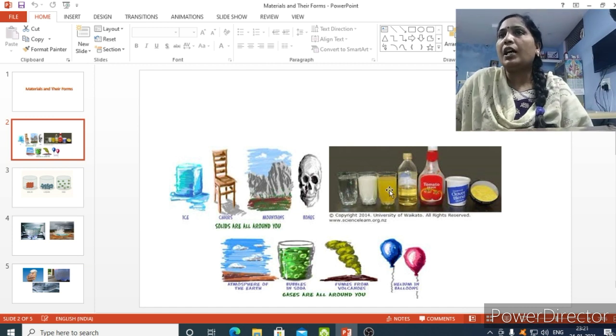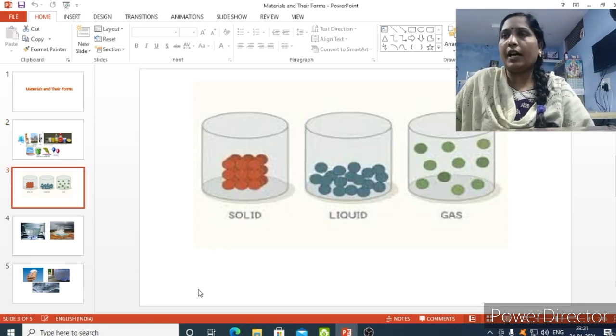So, gases do not have a particular shape, like how solids have, or how liquids take the shape of the container. The gases do not have any particular shape, but they have volume. They too occupy some space. They are free to move.